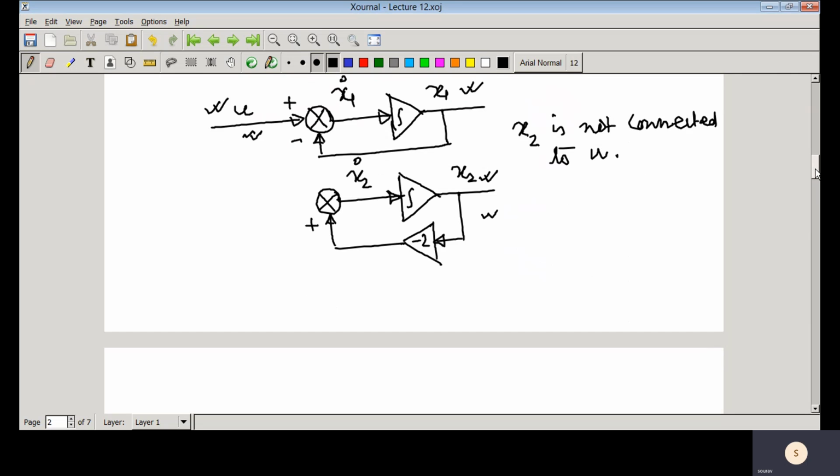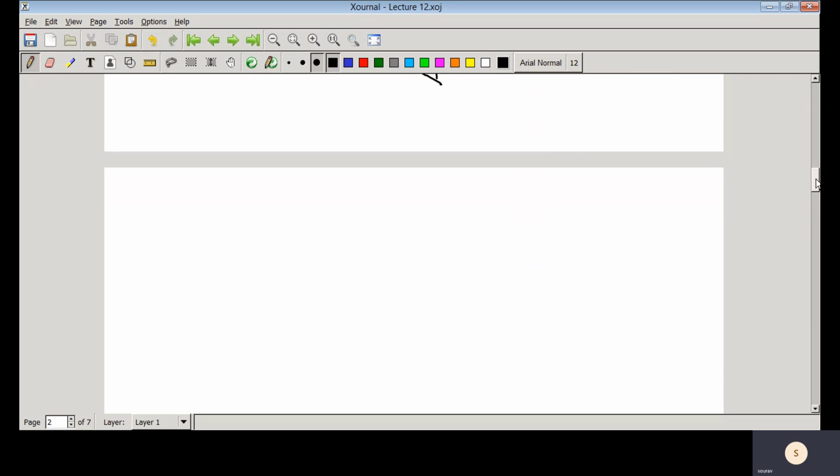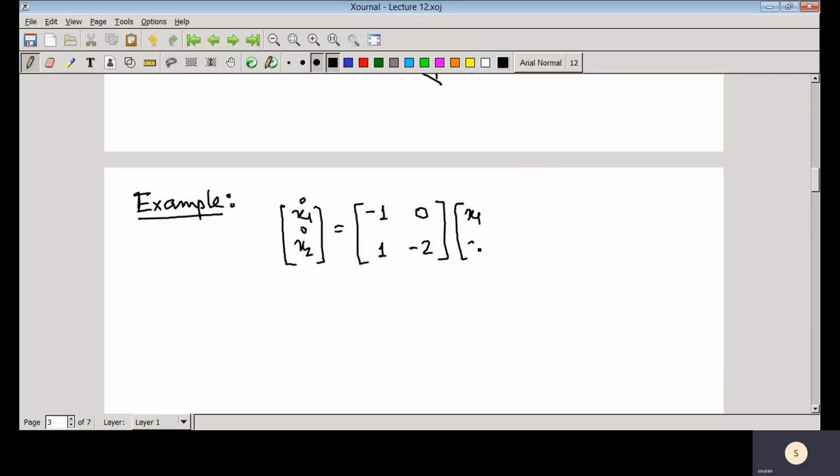So let us see one more example here. The same example, if we modify it a little bit, then what happens? Suppose we have a state space description like that: x dot equal to [-1, 0; 1, -2] times [x1, x2] plus B times u.